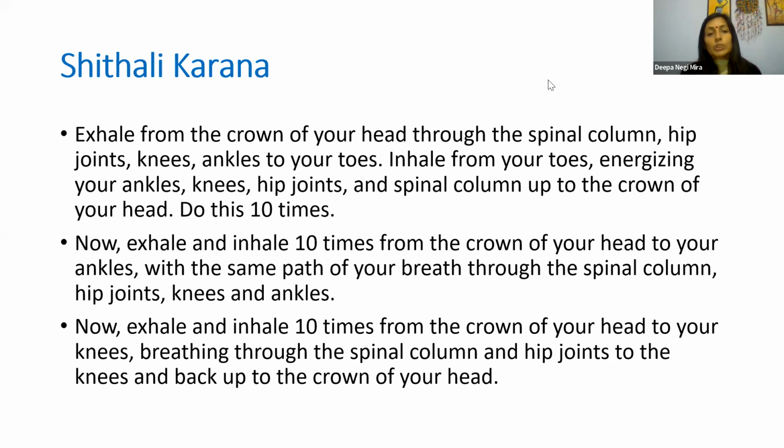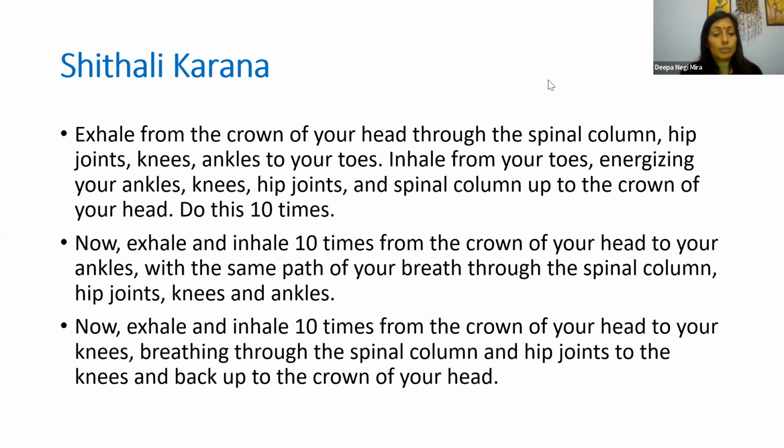Starting from your head to your spine, going to the hip, the knee, the ankle, your toes, and then coming back to your ankle, your knee, hip joint to head, your spinal column to head. So this is all 10 breaths.